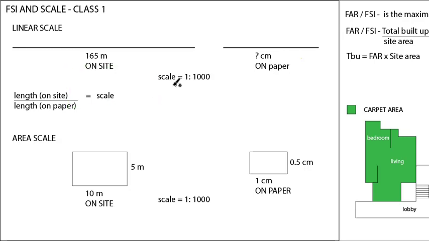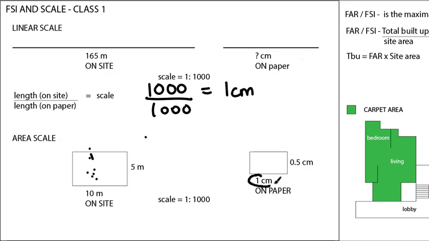Now taking area into consideration, see, this is a site which is 10 meter length by 5 meter breadth. Okay, and in 1:1000 scale what will be the length? So the length will be 10 meter, that is 1000 centimeter divided by 1000. Okay, so length on paper will be 1 centimeter, right?